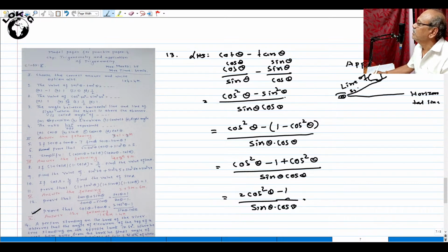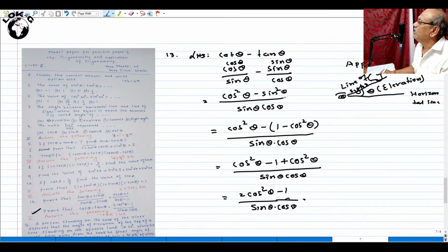See, this particular angle, suppose theta is the angle between the horizontal line and the line of sight. When the object is above the observer, then this angle is called the angle of elevation. This is the first important thing.